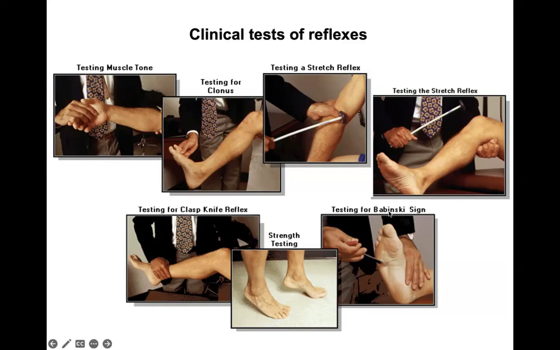Babinski sign, if you see a positive sign, that means again the corticospinal tract or upper motor neurons are having a problem. Strength testing tests whether you have a problem with the muscle or lower motor neurons, because those are important for having normal strength and also muscle tone.